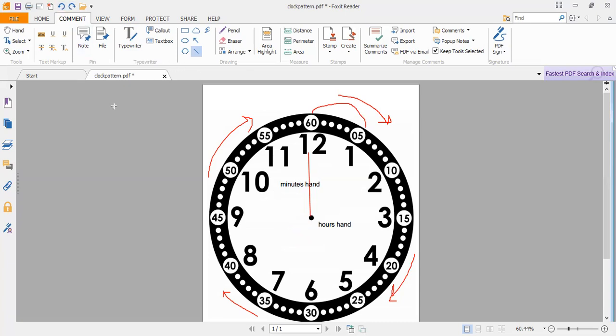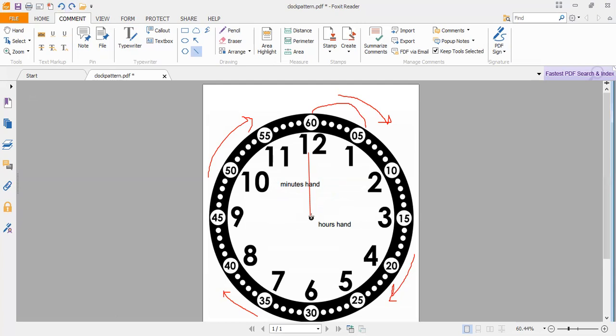So this will be 9 o'clock. The meaning of 9 o'clock is exactly 9. The meaning of 10 o'clock is exactly 10. The meaning of 1 o'clock is exactly 1.